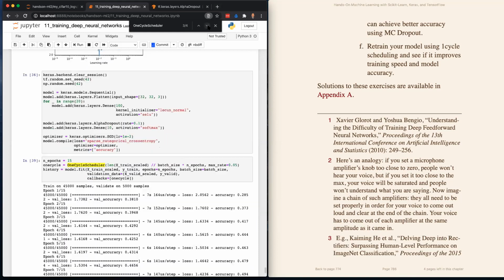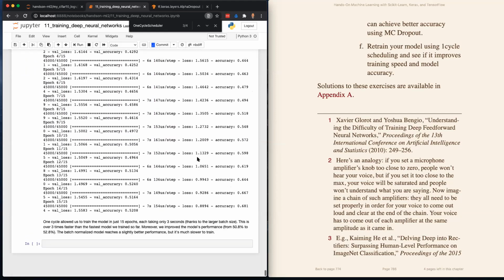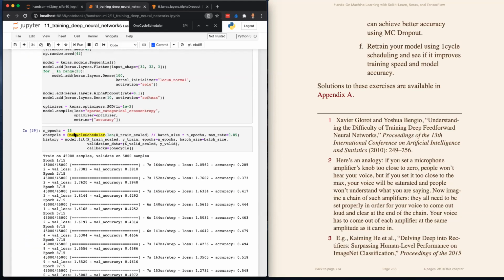So if I go back to that's our program. We set the epochs, and then we called it with these values, and we have one cycle, and then when we fit, this callback is getting called here.